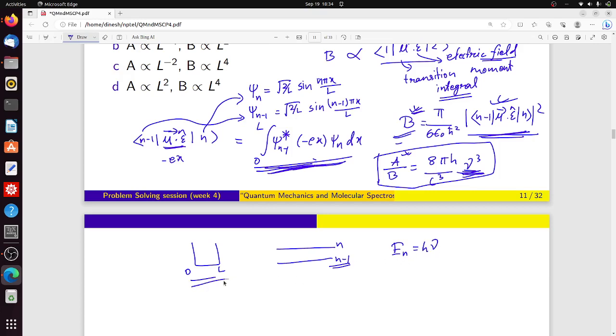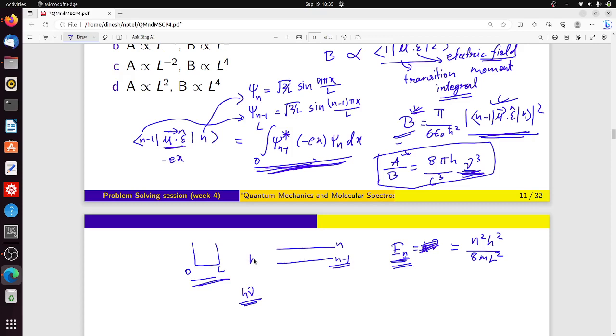And for a 1D potential well, what is the formula for En in terms of this potential well length? We have been doing this for the last 3 classes, so you must know this. This is n square h square by 8 m L square, right? En, and this is not h nu. H nu is the energy of light, whatever external photon we will provide.